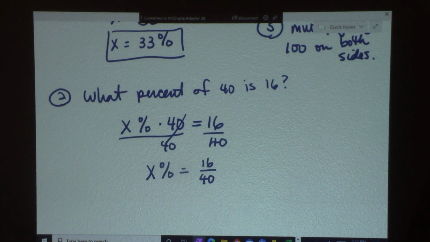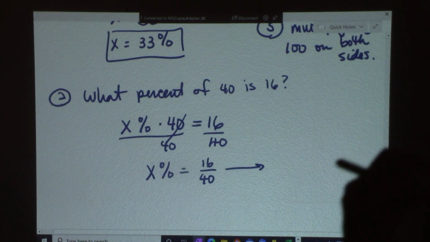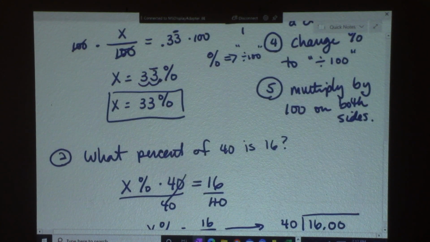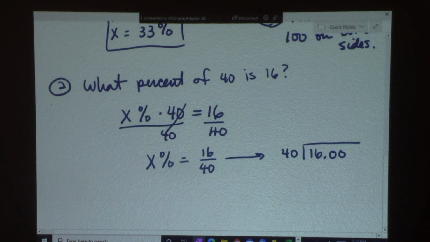Number 3 says divide to get a decimal. So I'm going to rewrite my fraction as a division problem. The 40 is the denominator, and that goes on the outside, and I have 16 there. So I'm going to put a decimal and 2 zeros because I know I'm going to be going less than 1. So let's go ahead and divide this.